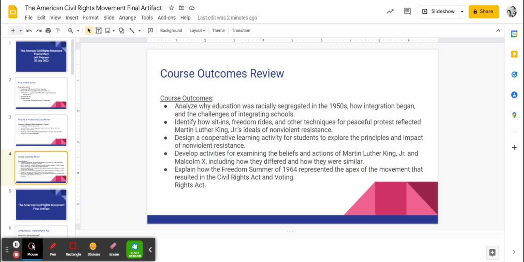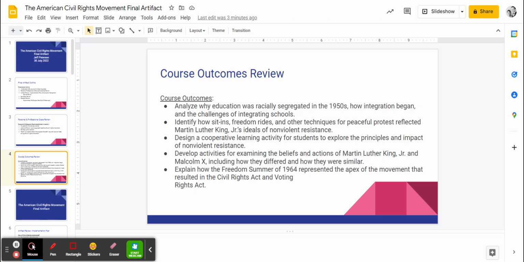The Freedom Rides and other techniques of peaceful protest are studied within this particular artifact. Martin Luther King is a big focus of this artifact, as is his belief in nonviolent resistance. So students should have a fairly solid understanding of peaceful protest and what that looked like, and nonviolent resistance and what that looked like.